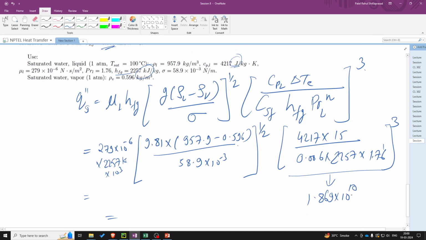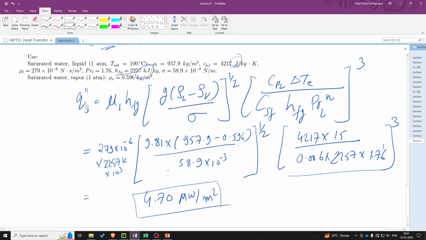So if you just do it, you can simplify this, and the solution I have comes around 4.70 megawatt per meter square.